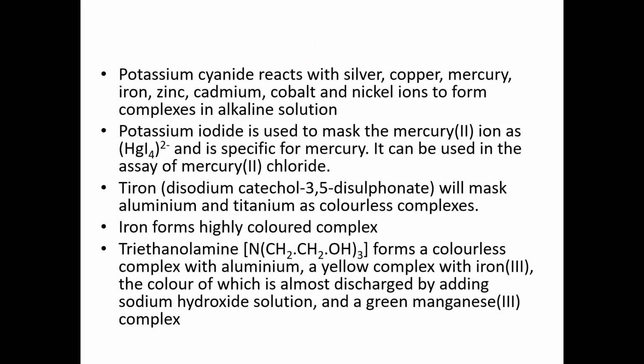Then potassium cyanide reacts with silver, copper, mercury, iron, zinc, cadmium, and nickel to form complexes in alkaline solution. Potassium iodide is used to mask mercury 2 ions as mercury iodide and is specific for mercury. It can also be used in the assay of mercury 2 fluoride.